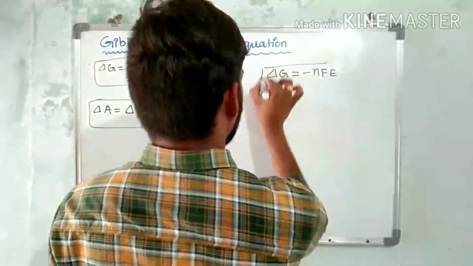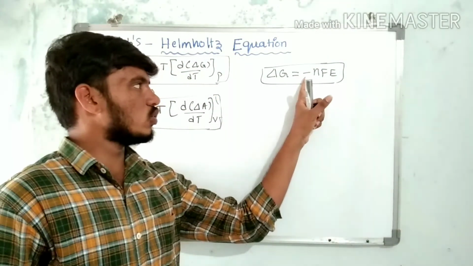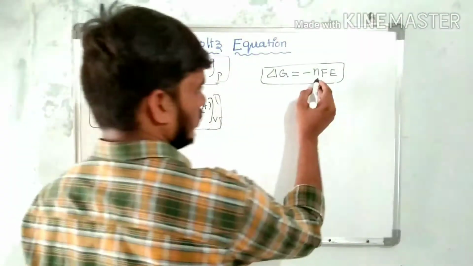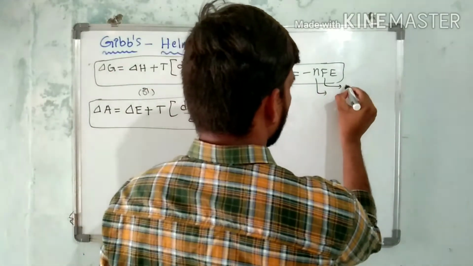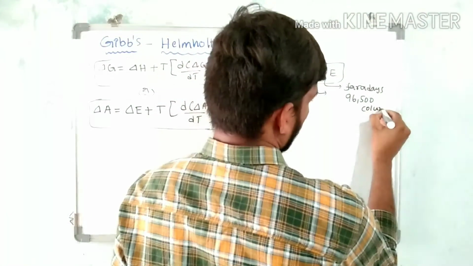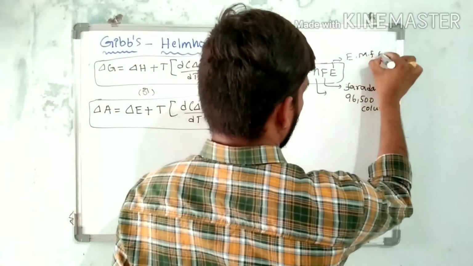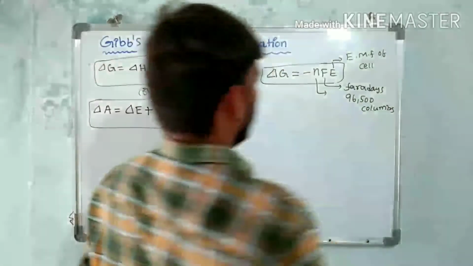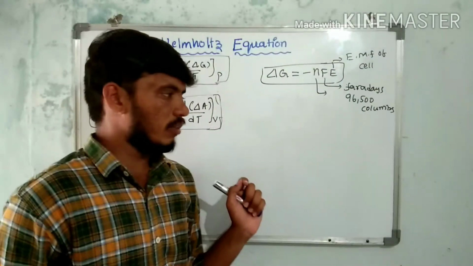Here n is the number of electrons in the chemical reaction, and F is the Faraday, which is 96,500 coulombs, and E is the EMF of the chemical cell. This is the equation: delta G is equal to minus nFE according to the electrochemical cell.